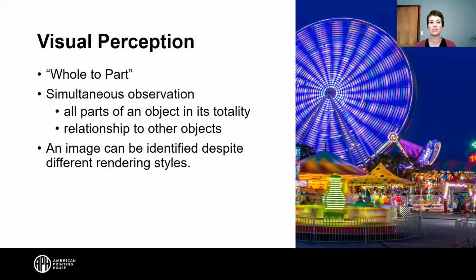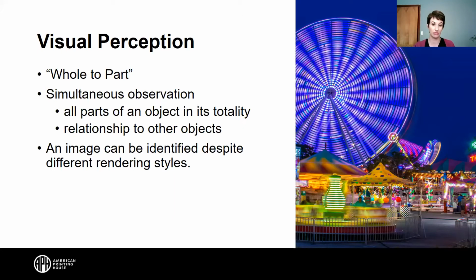Sighted learners process the visual image as a whole, all of it simultaneously, and its scale and its relationship to objects around it. Take this photograph of a fair. Vision sees all of the fair as a whole, then zooms in to the individual rides, and possibly ends up at that polka dotted tent with giant bouncy balls.